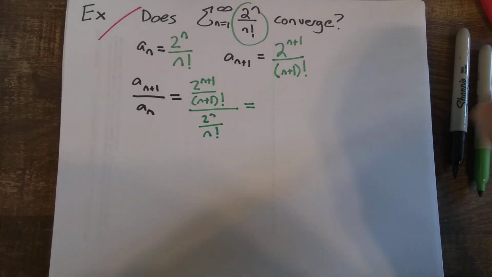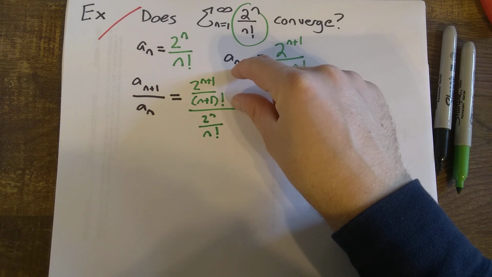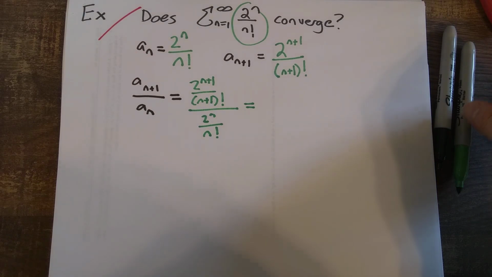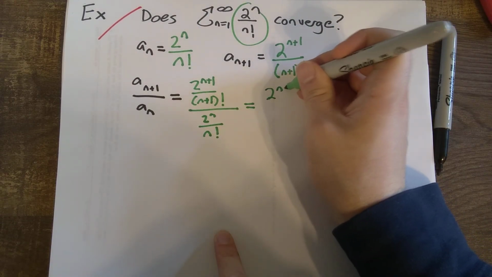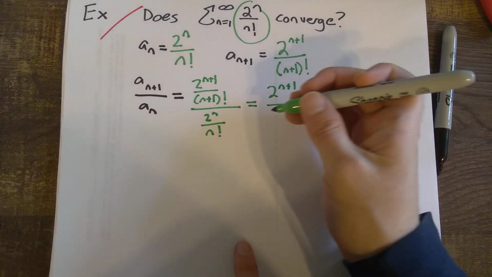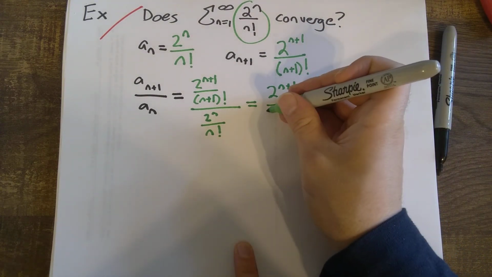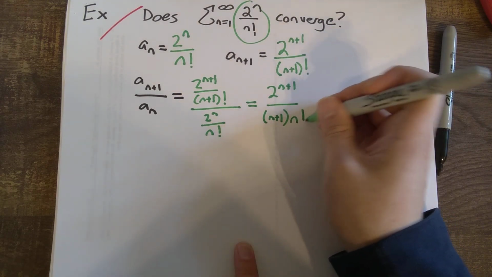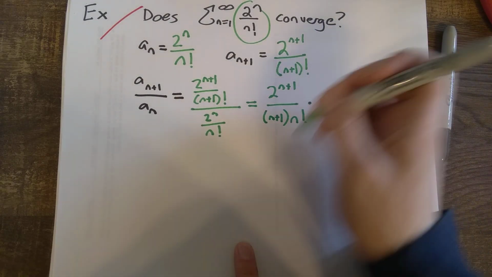So let's rewrite this fraction. We have one fraction divided by another fraction, so we can flip the fraction and multiply. We can also say that n plus 1 factorial is the product of all the numbers from 1 up to n plus 1, so we can peel off a factor of n plus 1: n plus 1 factorial is n plus 1 times n factorial.